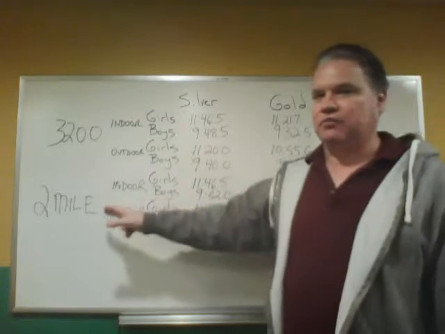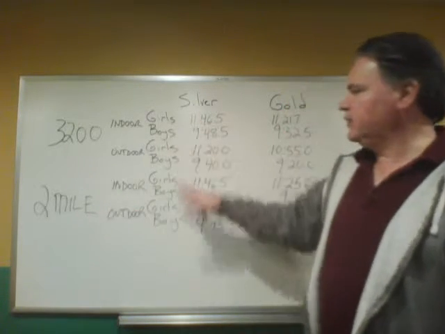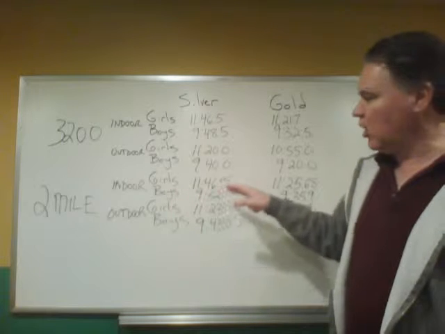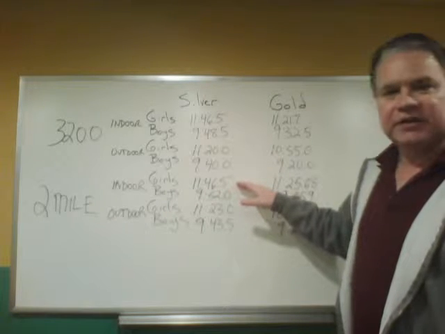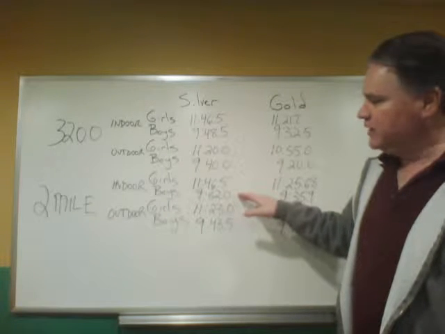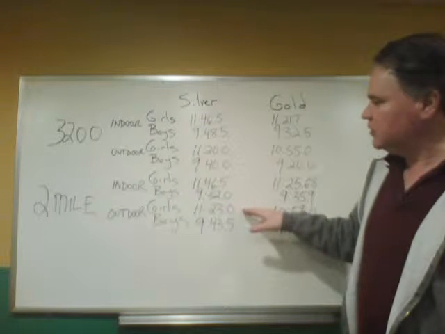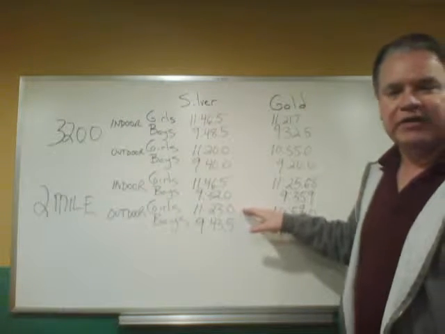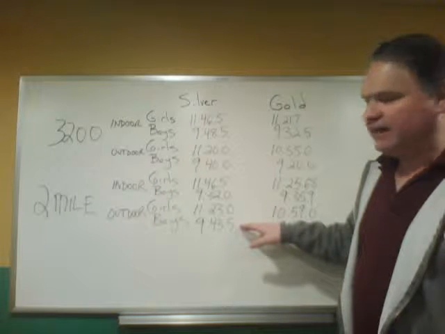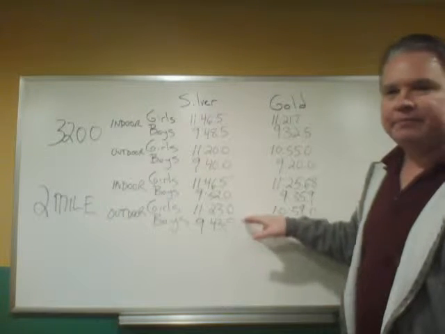I'll give you the numbers for the 2 mile as well. Silver elite 2 mile indoors, girls is an 11:46.5, boys is a 9:52 flat. Outdoor girls in the 2 mile, silver is 11:23 flat, boys is a 9:43.5 flat.